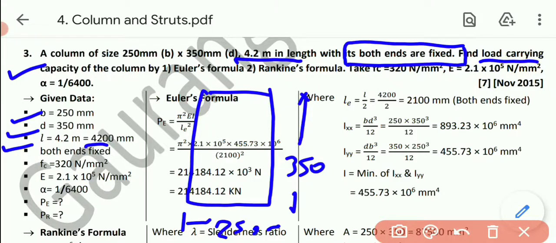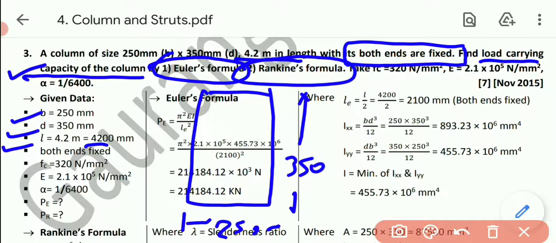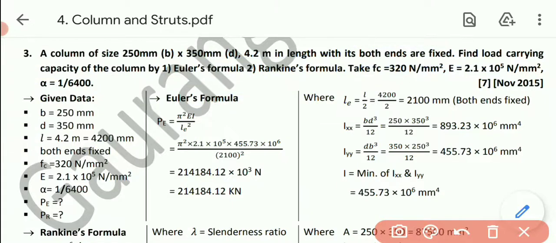Find the load carrying capacity of the column by Euler's formula and Rankine's formula. In this example we need to solve the sum by both equations, Euler's as well as Rankine's. Take FC 320 Newton per mm square, E 2.1 into 10 raised to 5 Newton per mm square, and alpha 1 divided by 6.00.